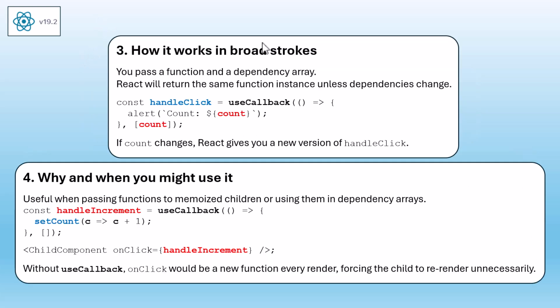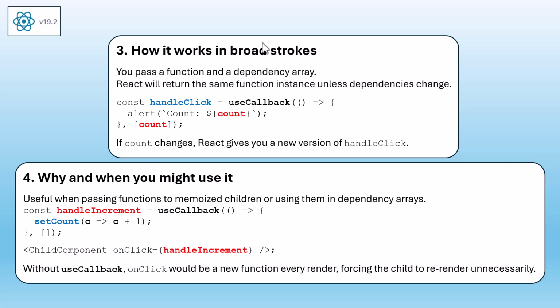3. How it works in broad strokes. When you call useCallback, you pass two things: a function you want to preserve and a list of dependencies, values that the function uses from the component's scope. On the first render, the hook returns the function you passed in. On subsequent renders, React checks whether any of the listed dependencies have changed, using an algorithm similar to Object.is for comparison.